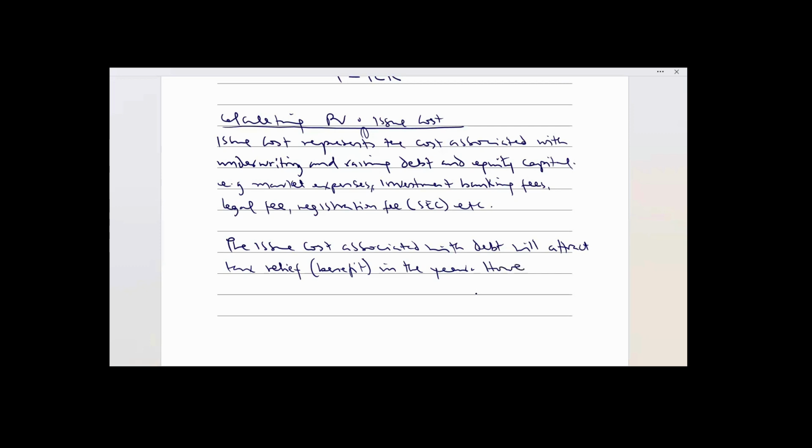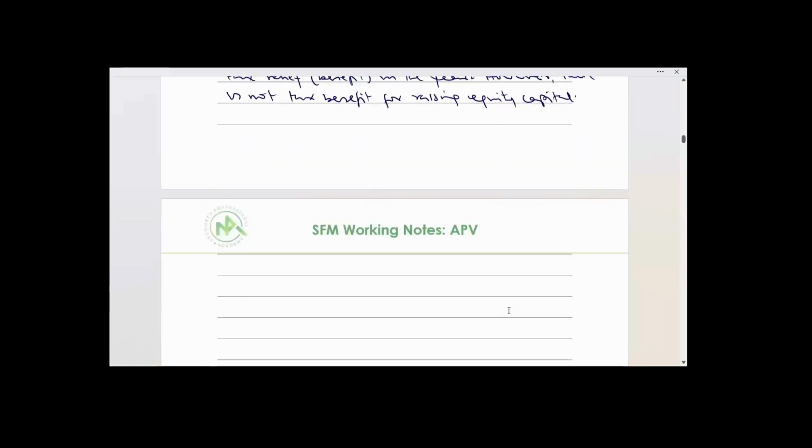However, there is no tax benefit for raising equity capital. So that's for that. Because of time, let's move on.